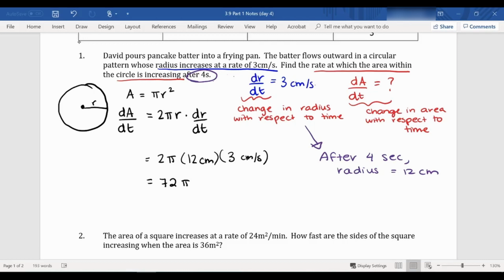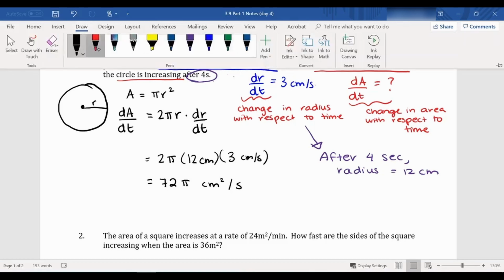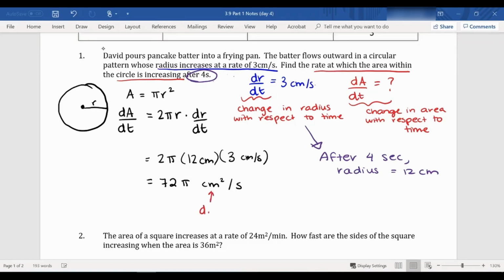And the units, you can see the units here. We've got 12 centimeters and 3 centimeters per second, which gives us centimeters squared per second. And so this is the dA part here, and this is the dt part here. dA, change in area, centimeters squared, dt over time.